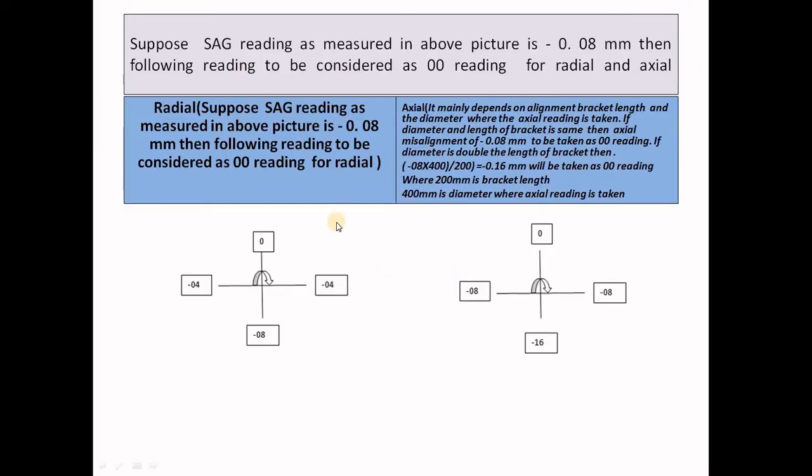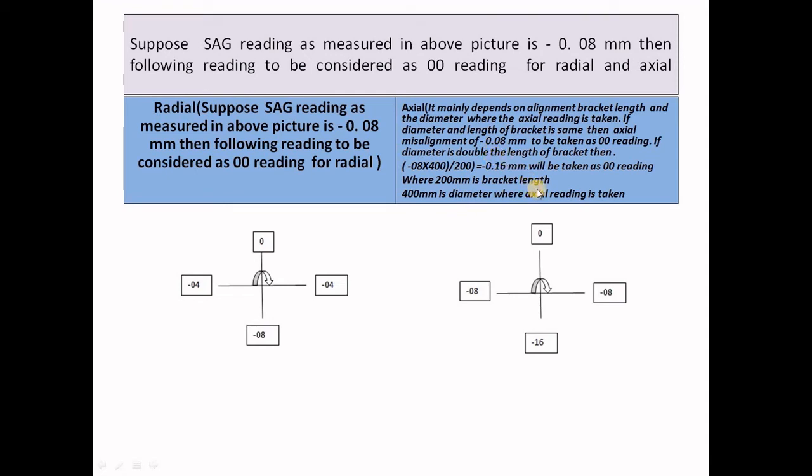Suppose your sag reading comes like this: 0, minus 0.4, minus 0.4, minus 0.8. Then the final alignment reading will be considered as 0.0 reading. Similarly, if the coupling dia and DBAC are the same, then minus 0.8 axial reading should be considered as the geoaxial misalignment.